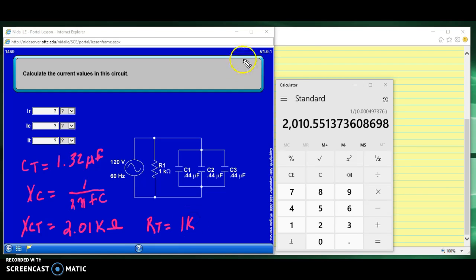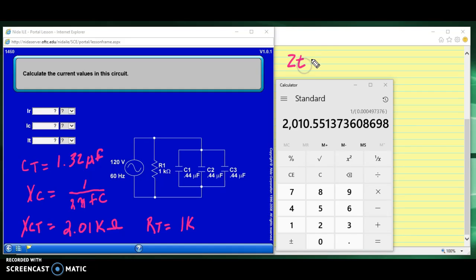Now to get our ZT, we're going to have to apply the formula we had up here, or maybe it wasn't up there a minute ago. No, it wasn't. So we're going to apply this formula, and it's a pretty lengthy one, so hold your horses.